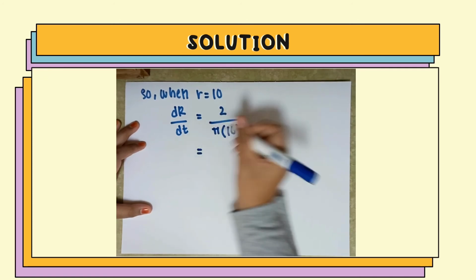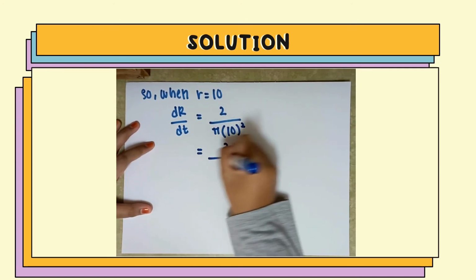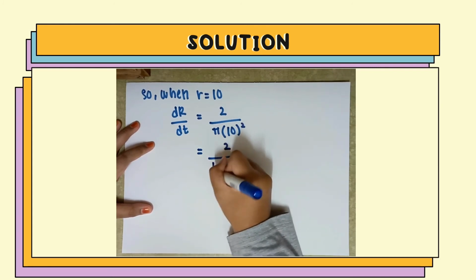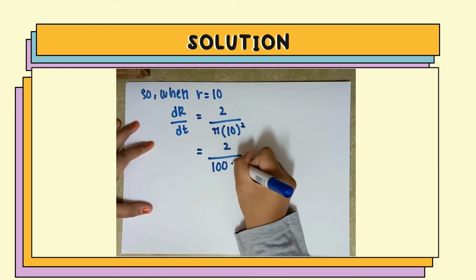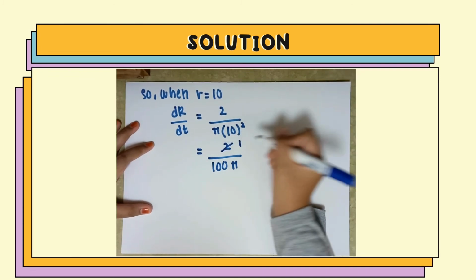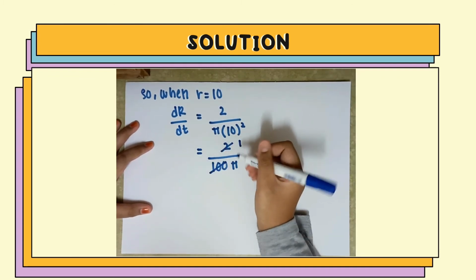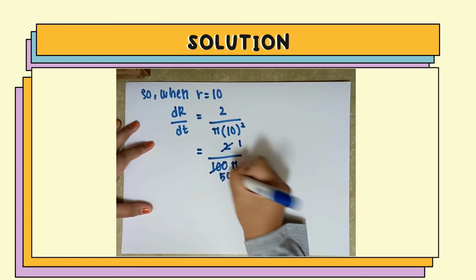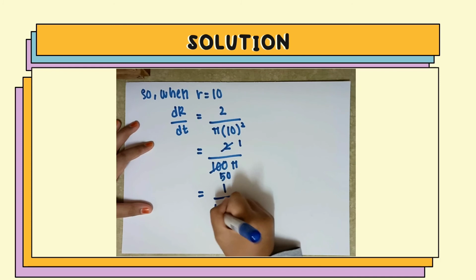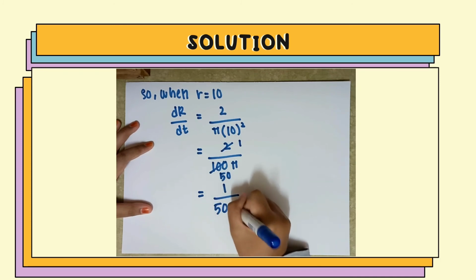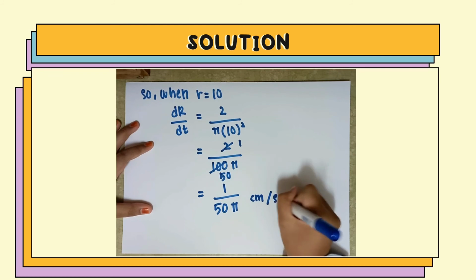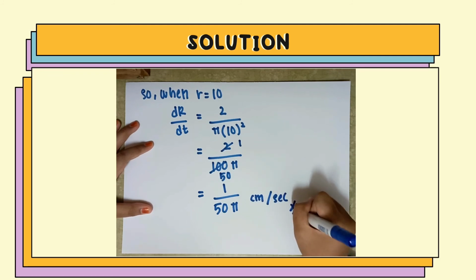That equals 2 over 10 squared, which is 100 pi. So we can cancel it. 2 divided by 2 is 1. 100 divided by 2 is 50. So the answer is 1 over 50 pi centimeter per second. So this is the final answer.